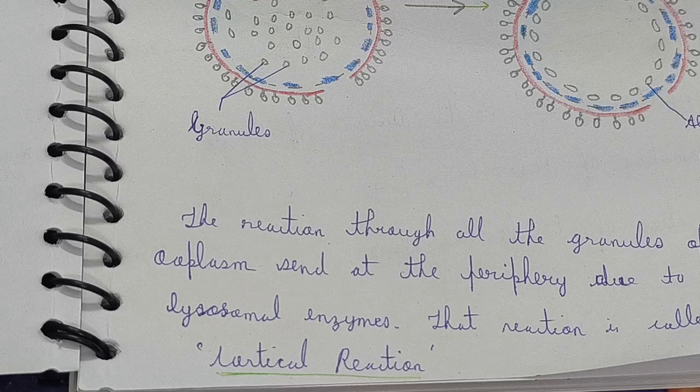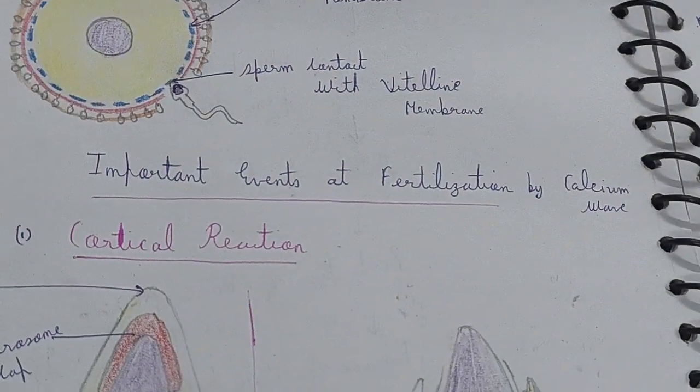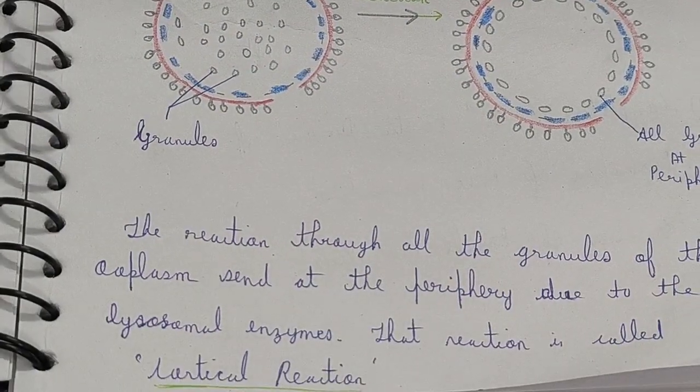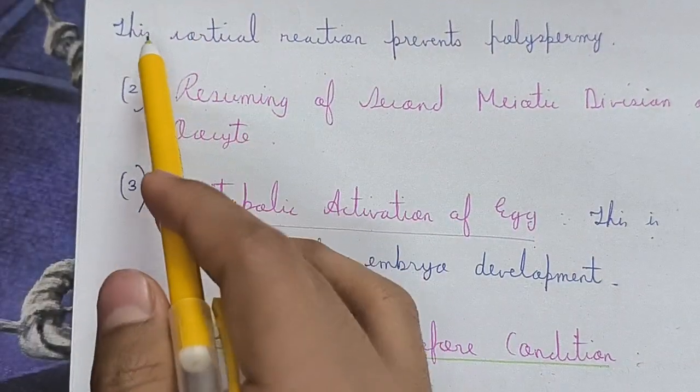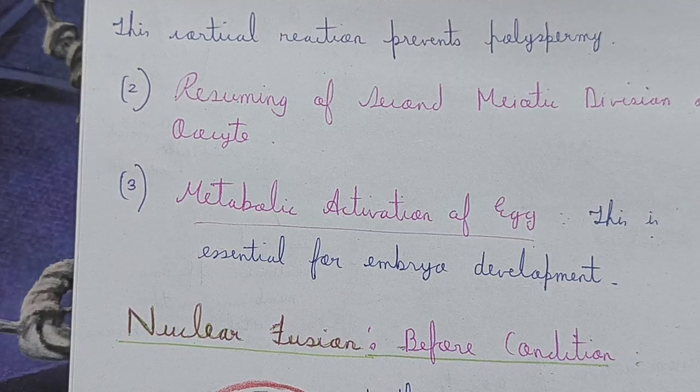The main purpose is to prevent polyspermy, as we have been studying since class 9 or 10, that at a time only one sperm fuses with the female gamete, not more than one. This is the reason. So the first event, the cortical reaction, is discussed, and its main aim is to prevent polyspermy.